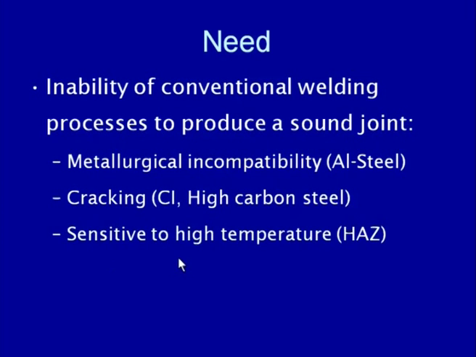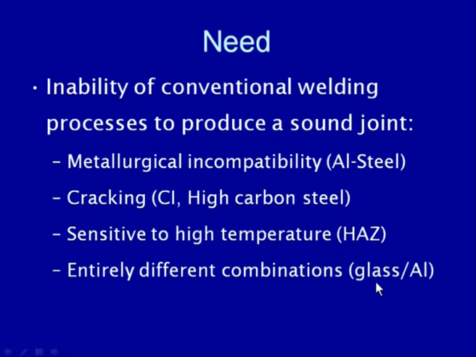Further, metal systems which are sensitive to high temperature, where significant deterioration in the performance of the region close to the weld zone, like the heat affected zone, takes place, also need alternative processes for joining. Entirely different kinds of combinations are required, like aluminum to copper or aluminum to steel.